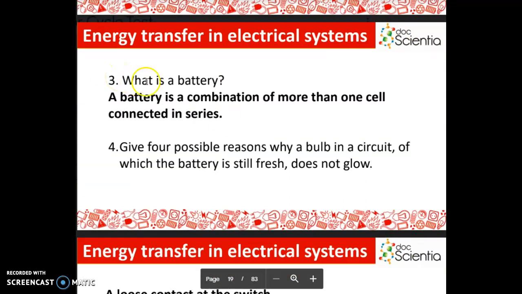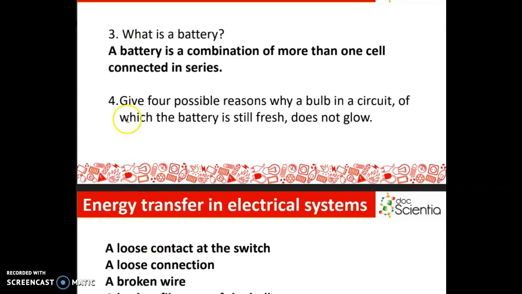Number 3, what is a battery? A battery is a combination of more than one cell connected in series. Number 4, give 4 possible reasons why a bulb in a circuit, of which the battery is still fresh, does not glow.